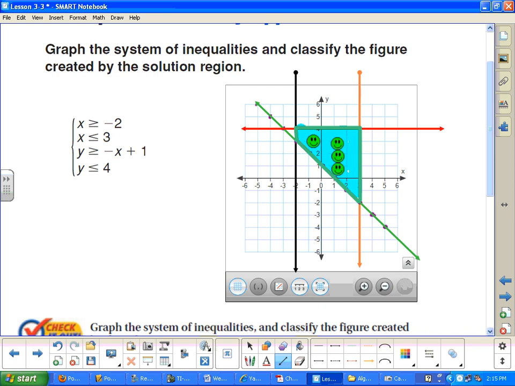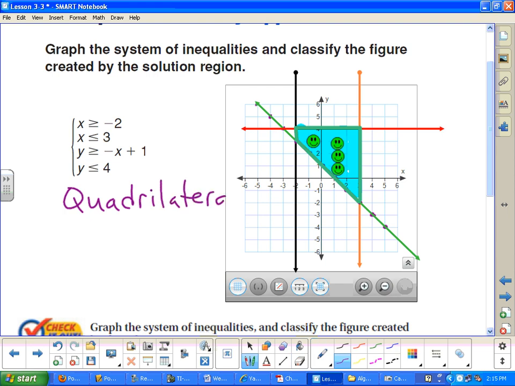It has 4 sides, and 4-sided figures are quadrilaterals. Oops, let me spell it right. Okay, that's a quadrilateral. Any 4-sided figure is a quadrilateral.